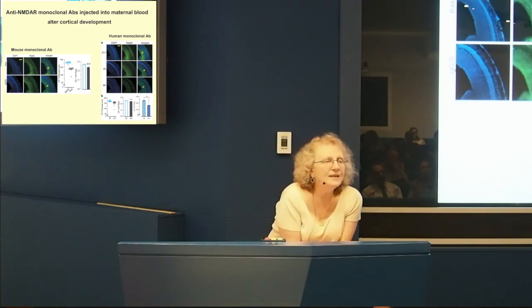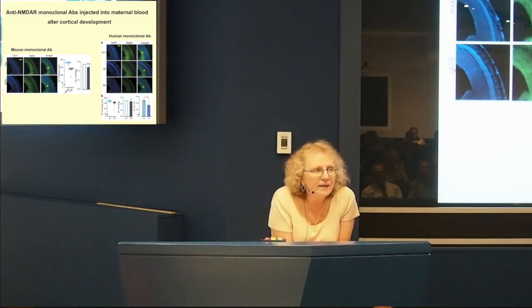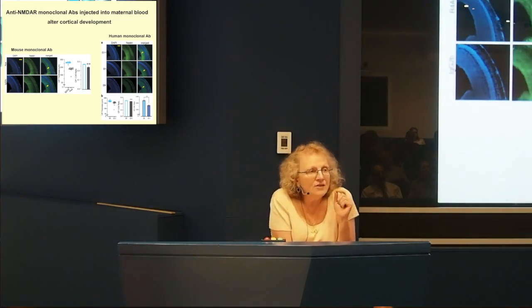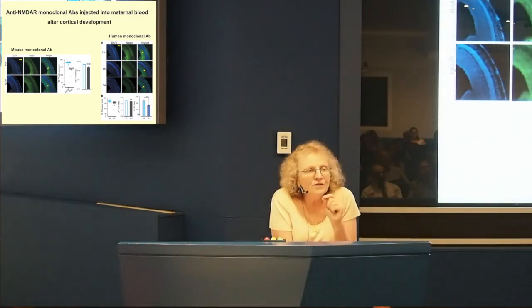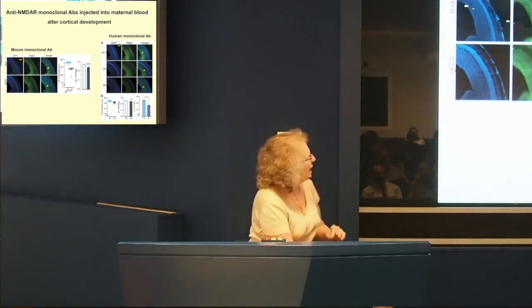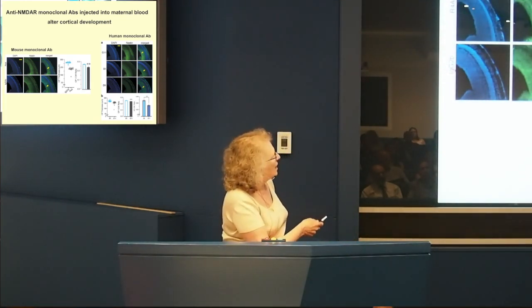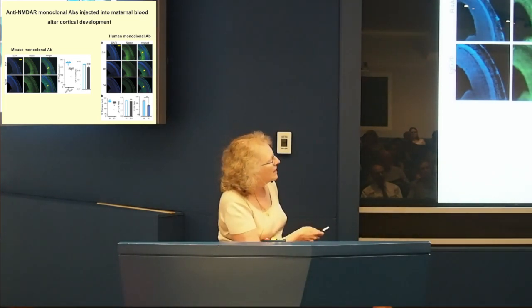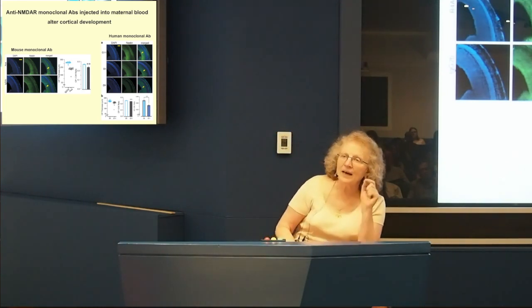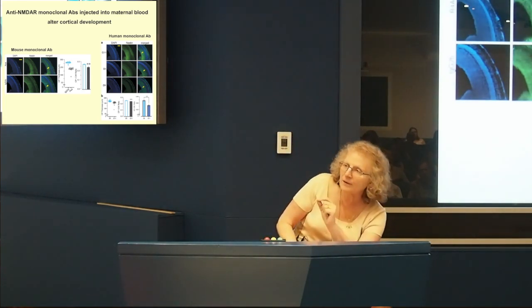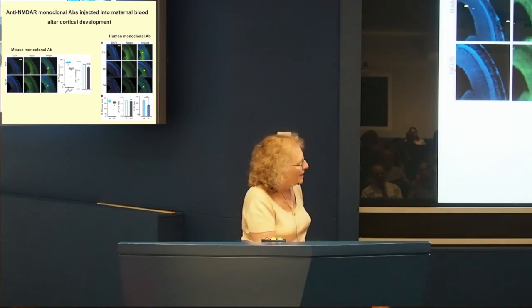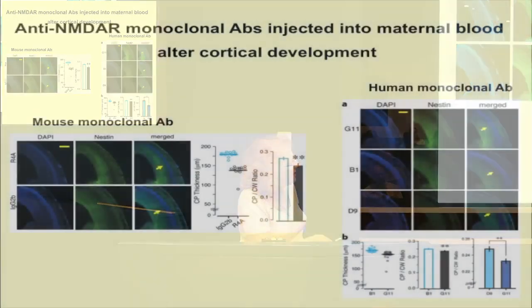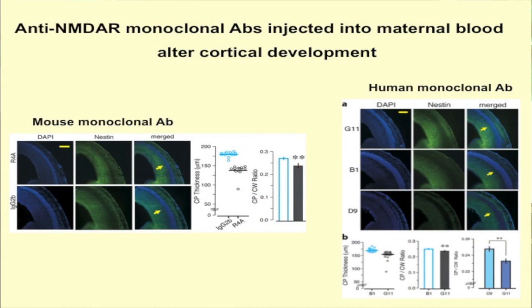And to prove that this was antibody-mediated, what we did was take a gestating mouse and intravenously give a monoclonal antibody, and this is a mouse monoclonal antibody and a thinned cortical plate quantitated here, and this is a human monoclonal antibody cloned from the peripheral blood of a woman with lupus, leading to a thinned cortical plate, and this is an isotype control antibody, as is this.